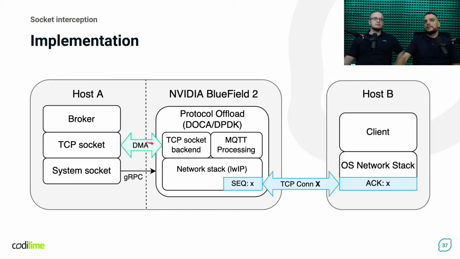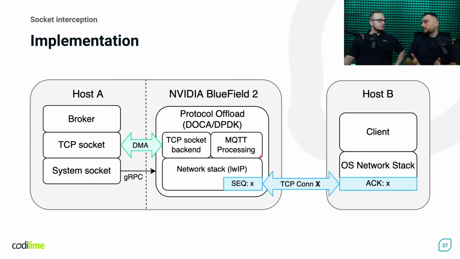In this case, it's forwarded to a new component in our protocol offload. We call it the TCP socket backend. It basically interacts sometimes with the network stack directly, or sometimes it polls for MQTT messages from the MQTT processing. The important thing to point out here is that the MQTT processing remains nearly the same.